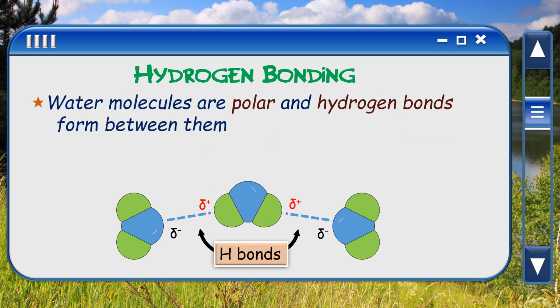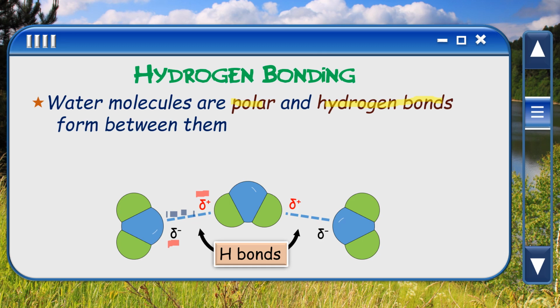Water molecules are polar, and a hydrogen bond forms between them. Because they are polar, they form hydrogen bonds between them. What are we saying? Oxygen on this water molecule is partially negative. Hydrogen on this water molecule is partially positive. And because the water molecules are polar, there is a creation of the hydrogen bond.